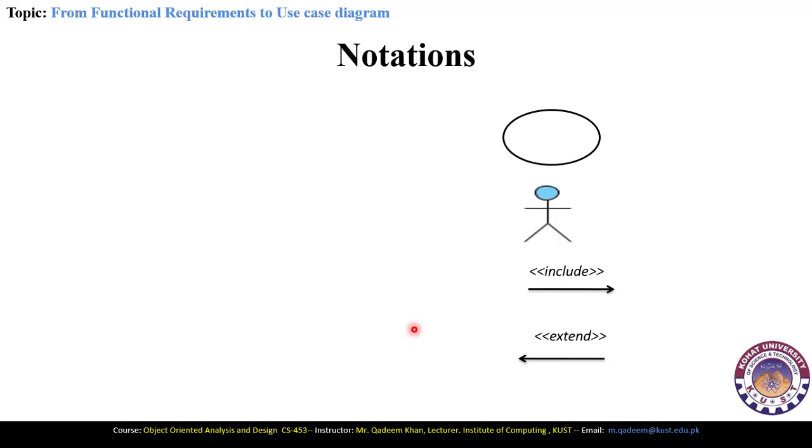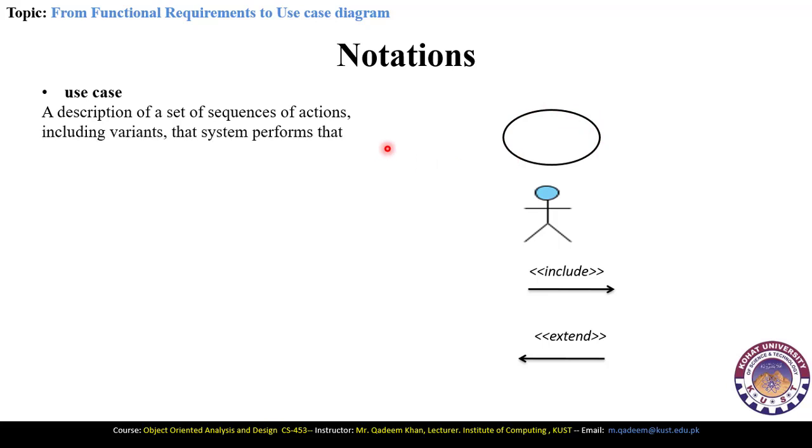Now there are different sorts of symbols or notations used in the use case diagram. The first symbol is called the use case, and the use case is represented with this symbol, which is in fact the oval symbol.